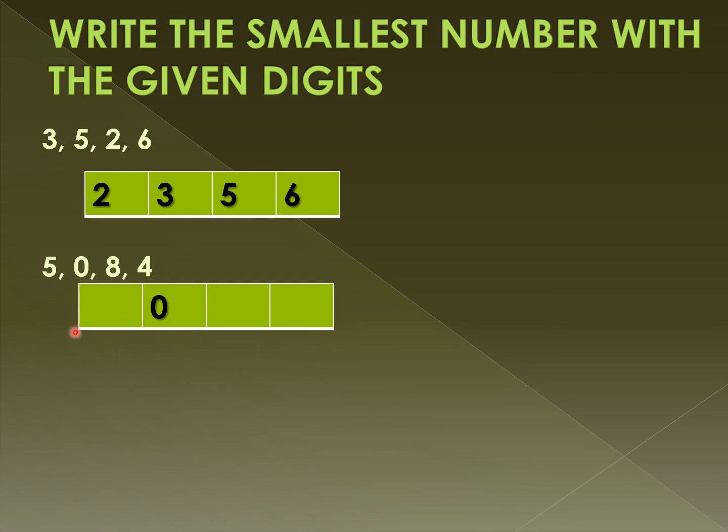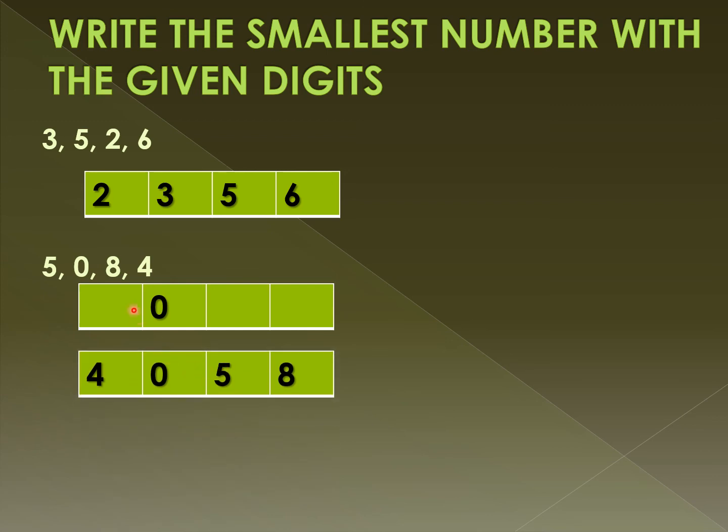And then we arrange the remaining digits in ascending order, smallest to the greatest. That will be 4, 0 stays as it is, 5, 8. So our smallest number using the digits 5084 is 4058.